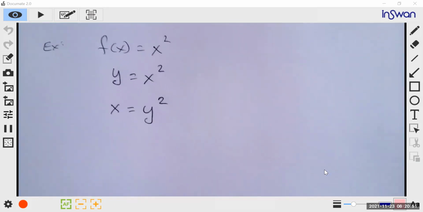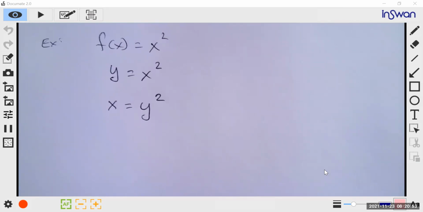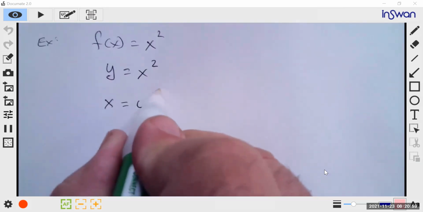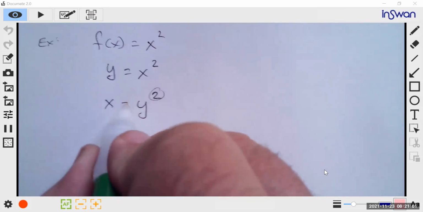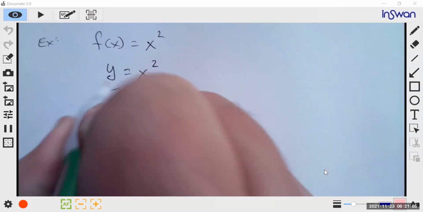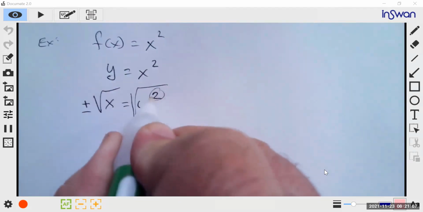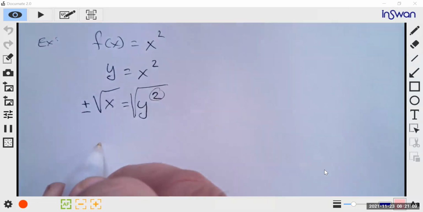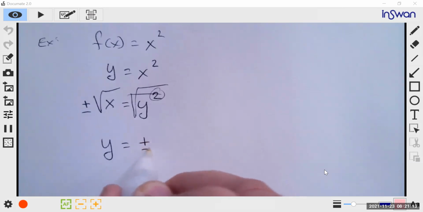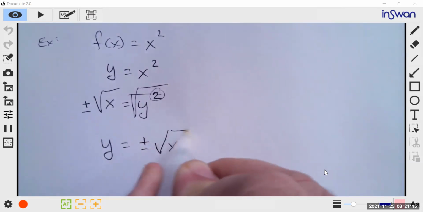Switch x and y. Now, we have to get rid of the square. The way we get rid of the square is square root. And whenever you square root a square, you get a plus or minus. So y equals plus or minus the square root of x.